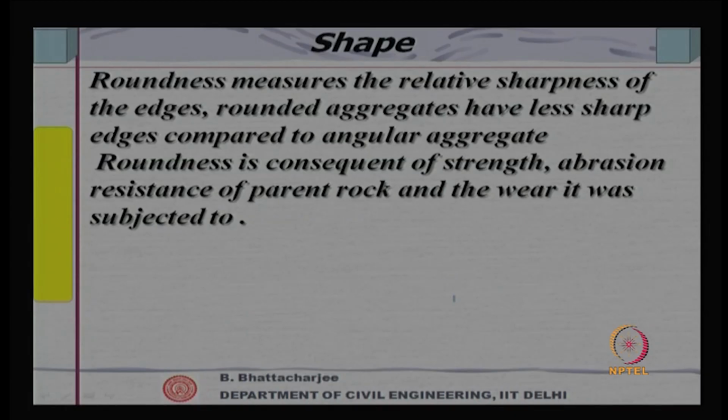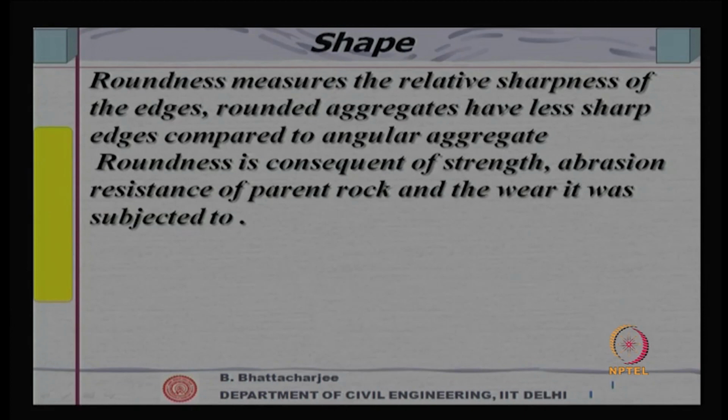If it is a strong aggregate, it is likely to be less round because its edges may still be there. Abrasion resistance is very important because the edges become rounded through abrasive action and wear and tear. So, how much wear it has undergone will depend upon that.